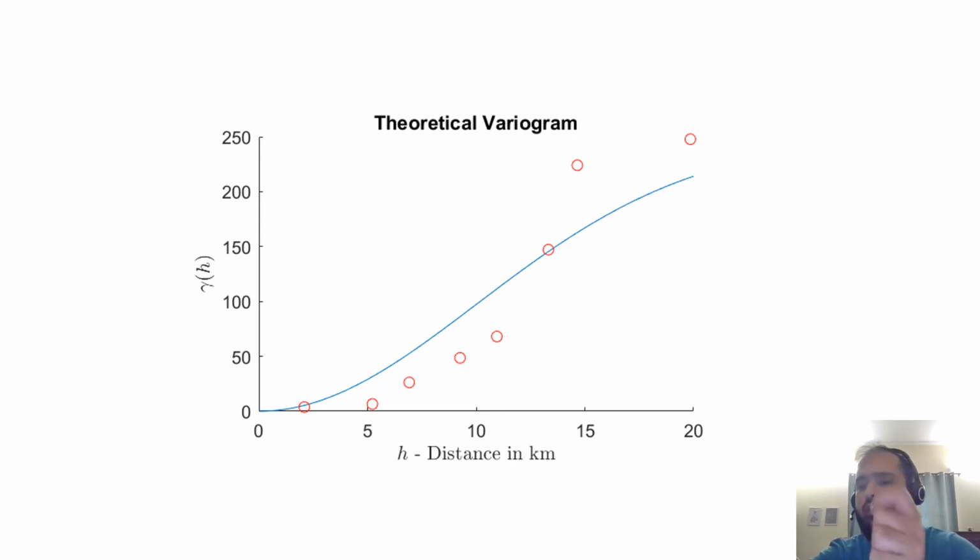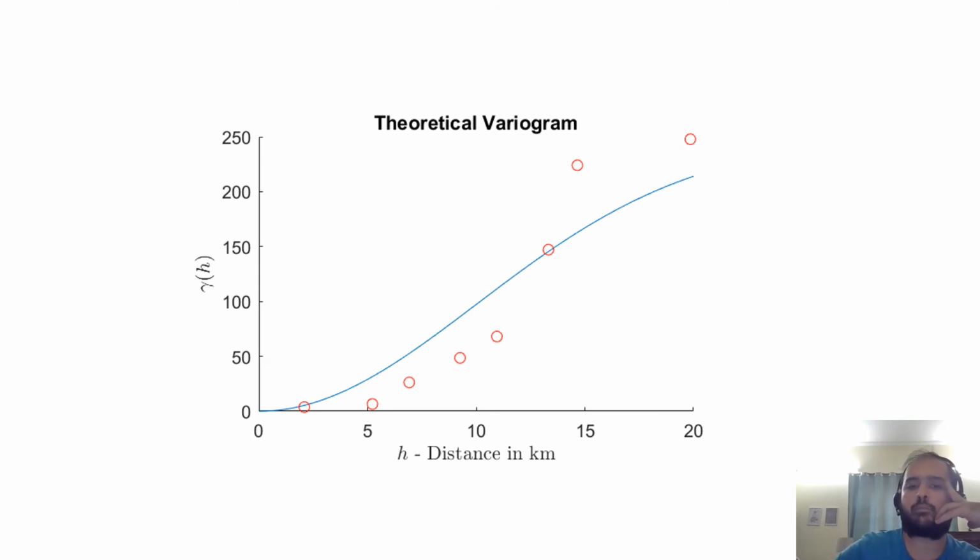We want to fit this line because when we're calculating the weights for estimating rainfall at some point, you will be using the values of the variogram at distances that were not included in the sensor network.